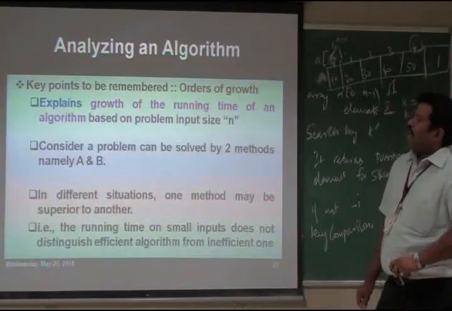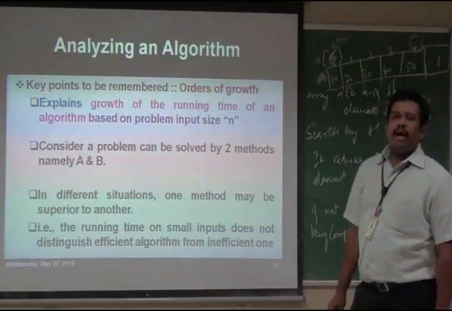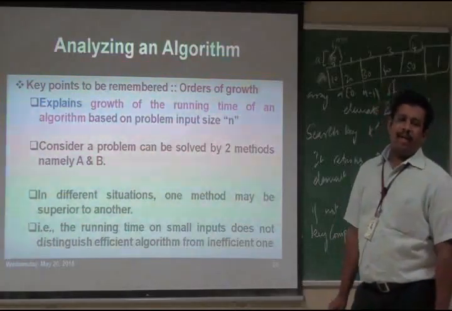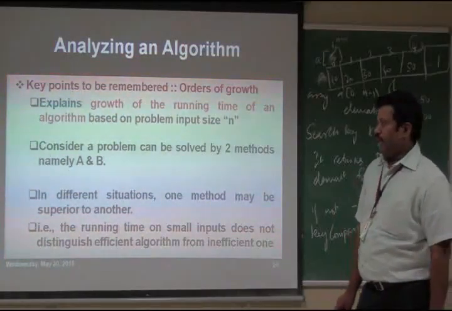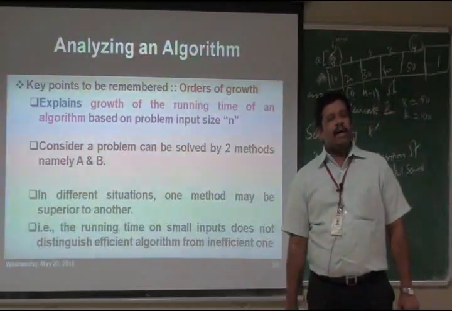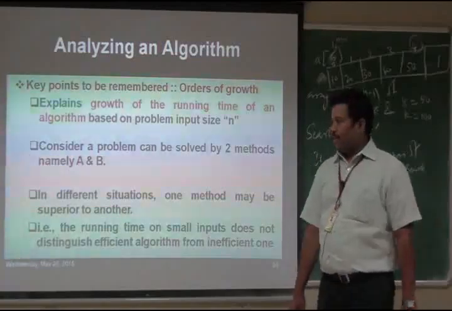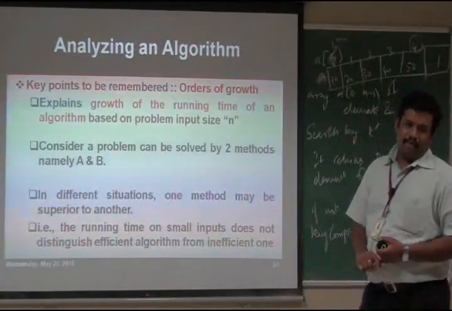And the next one is the orders of growth measure. This is the major measure which can be applied to algorithms or a function to assess the running time of an algorithm. For example, consider you have two algorithms, A and B, for solving the same problem.